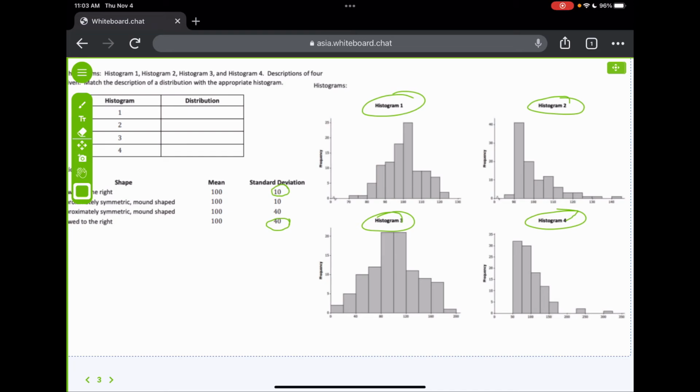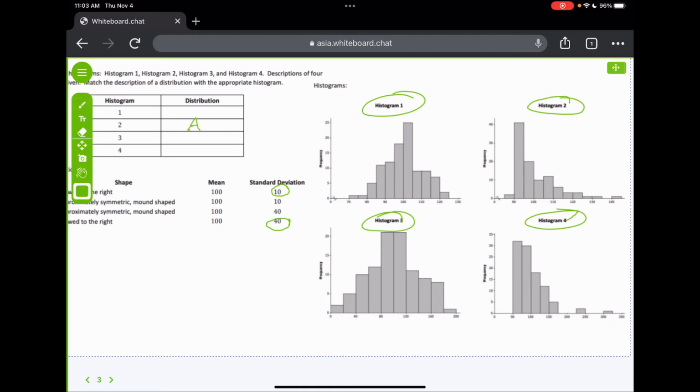So since these numbers down here are much closer together, that's going to be the standard deviation of 10. These are much more spread out, and you have one down here that's like 320 or so. So that one's going to be the standard deviation of 40. So histogram 2 is going to be A.